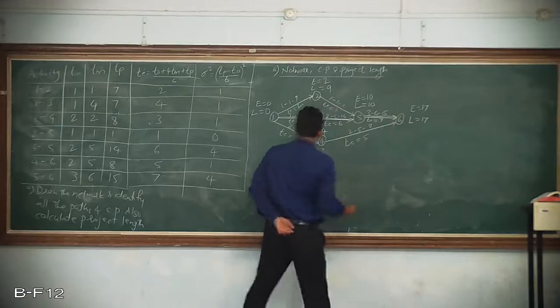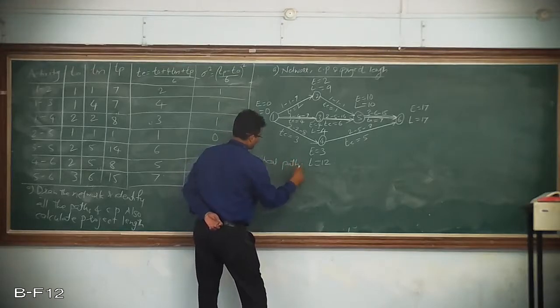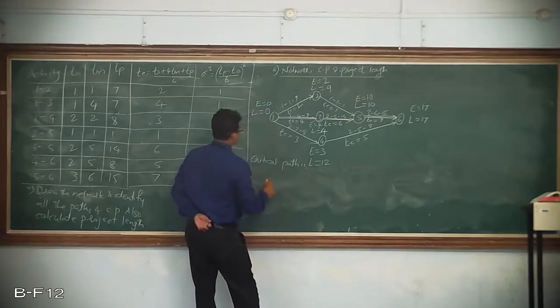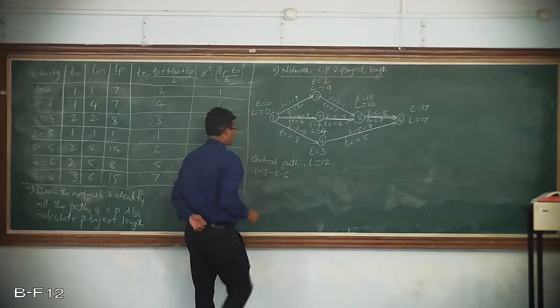Okay. So therefore, what is that path? 3 to 5, 5 to 6.